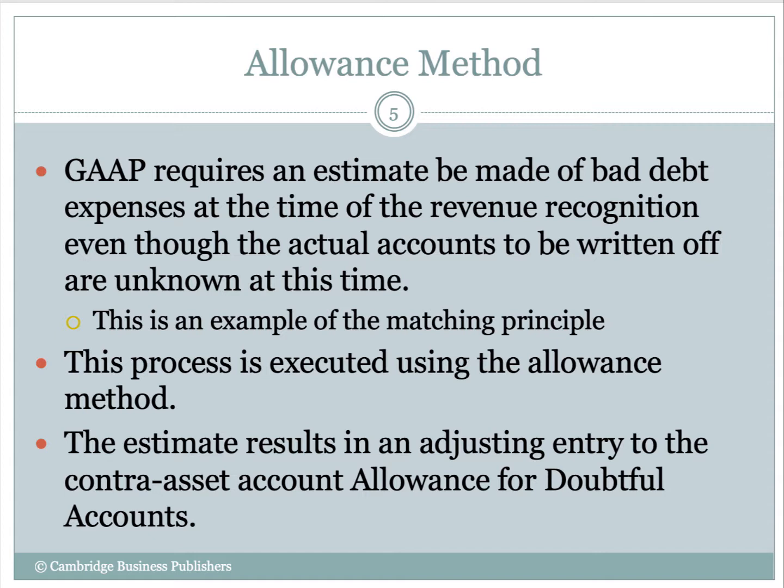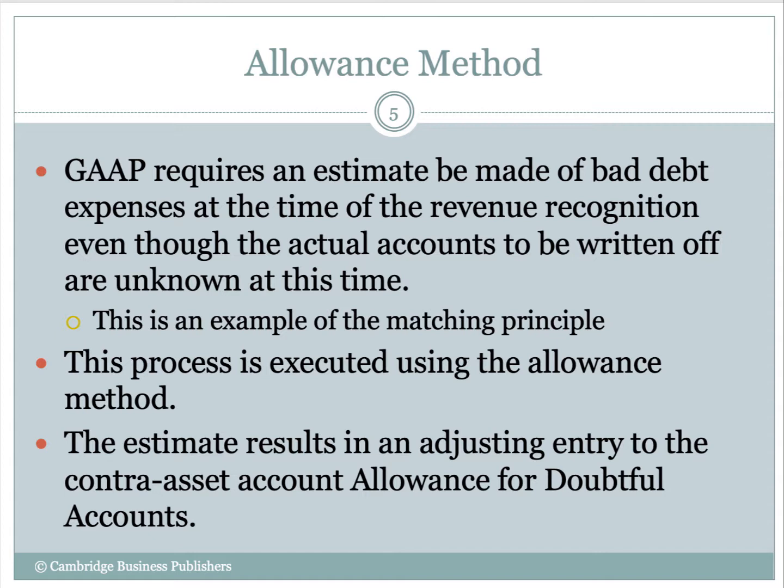So to facilitate this matching principle, matching revenues with expenses, we need to use the allowance method. What the allowance method does is allow us to estimate the amount of accounts receivable we will not collect on.